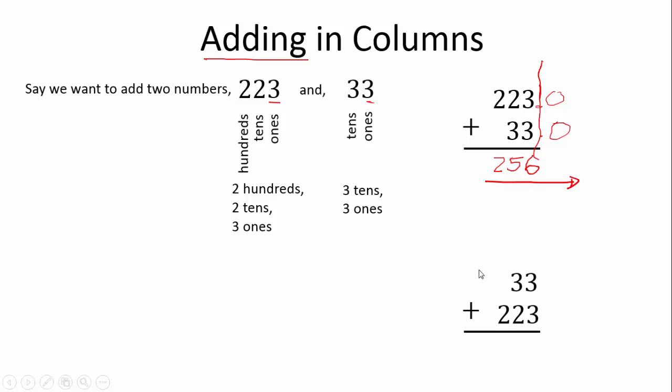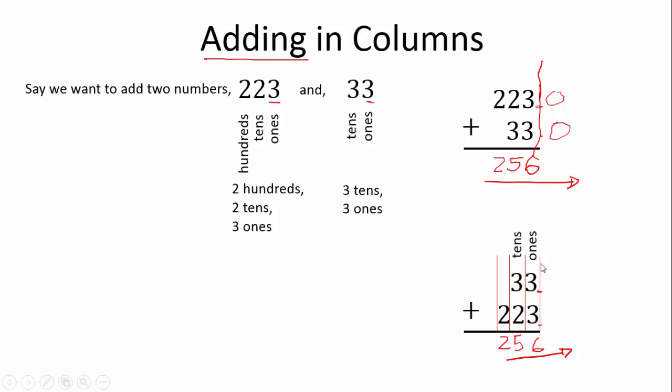If we switch it around, it still works, as long as we keep the columns where the decimals are lined up perfectly. So that 3 plus 3 is 6, 3 plus 2 is 5, and 0 plus 2 is 2, and that is 256. That works perfectly.